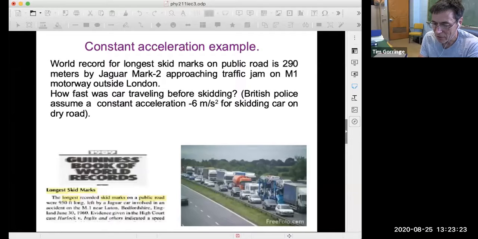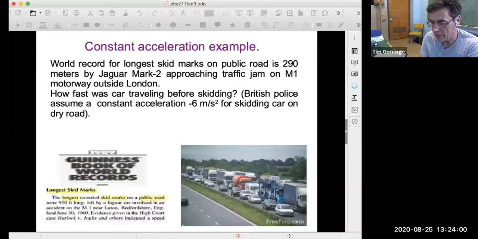And the world record for the longest skid marks on a public road, as listed in the Guinness Book of Records, is 290 meters. It was by a Jaguar Mark II, apparently, approaching a traffic jam on the M1 motorway just outside London. I grew up by this road, that's why I put it in here. So 290 meters is the world record distance for a skid mark on a public road.